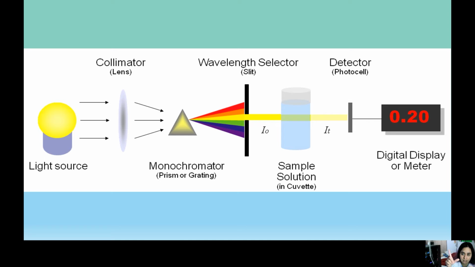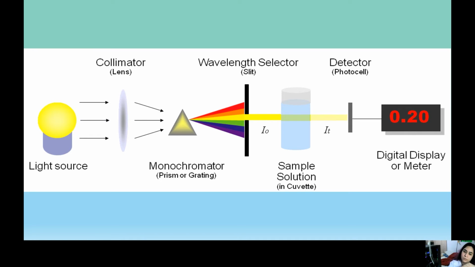Now we see the wavelengths, and these have colors just like the rainbow, and that's why it's called a spectrum. Now that we have the spectrum made by the monochromator, a wavelength selector is going to transmit only the wavelengths we desire. So now we have the desired wavelengths we need.